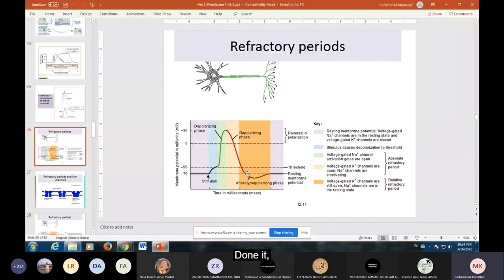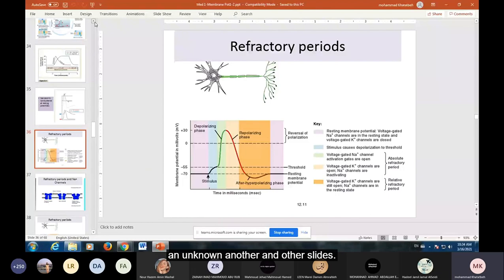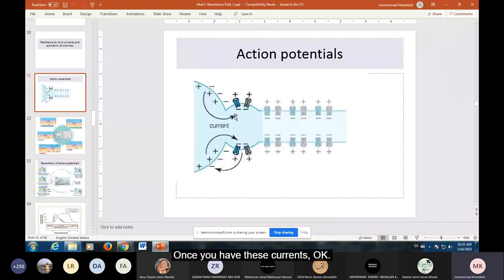If you remember the slides we talked about here, for example this slide: once you have these currents and you have depolarized, reaching the threshold, you get an action potential here. Then we get an action potential here. Once you have an action potential later on here, you can still have currents, for example repolarizing currents at the overshoot part.